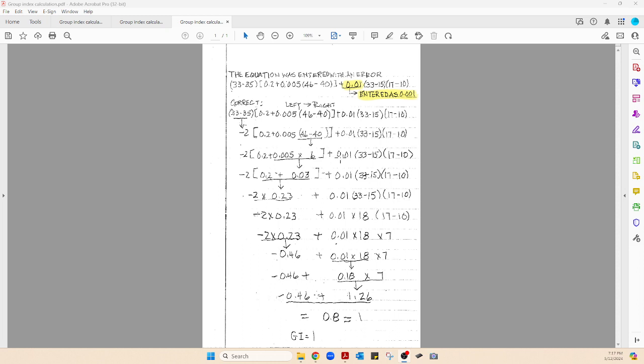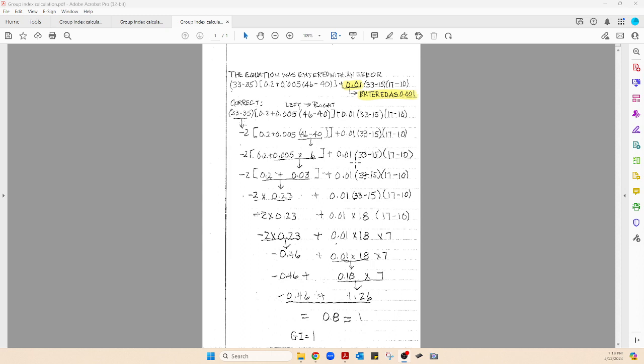Now, I'm still leaving the plus 0.01 times the percent passing 200, which is 33 in our case, minus the constant of 15 times the plasticity index of 17 minus 10.